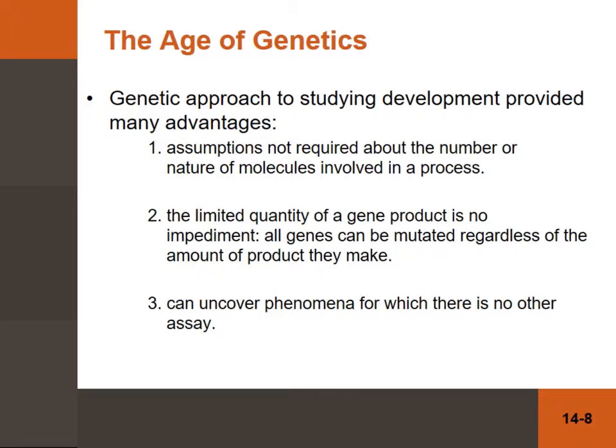Firstly, assumptions were not required about the number or nature of molecules involved in a process. Number two, the limited quantity of a gene product, whether that's messenger RNA or protein, was no impediment. All genes can be mutated regardless of the amount of product they make. And number three, the genetic approach can uncover phenomena for which there is no other assay.